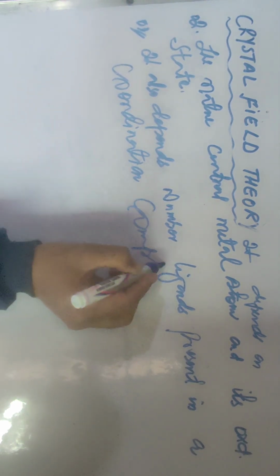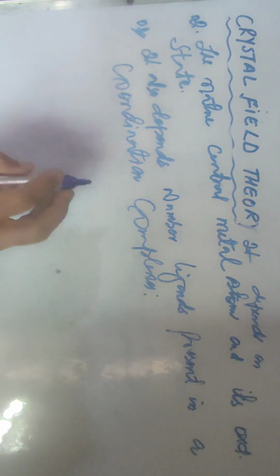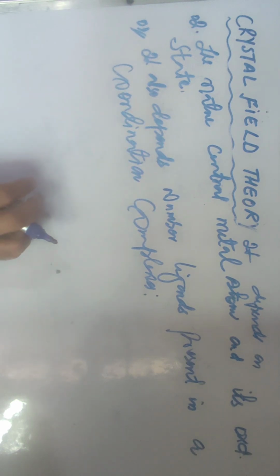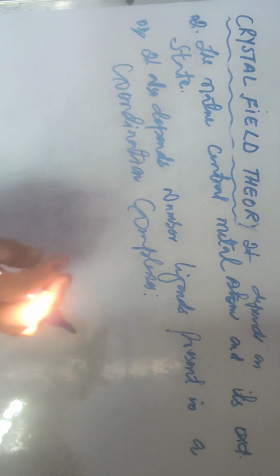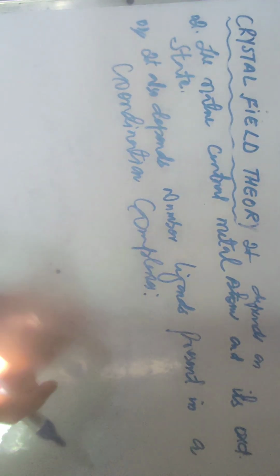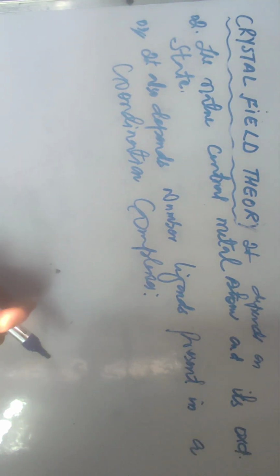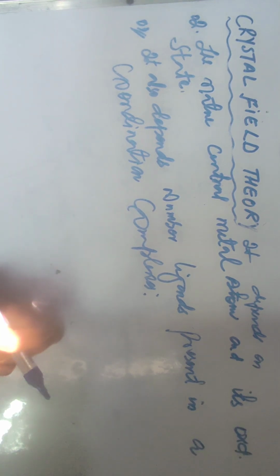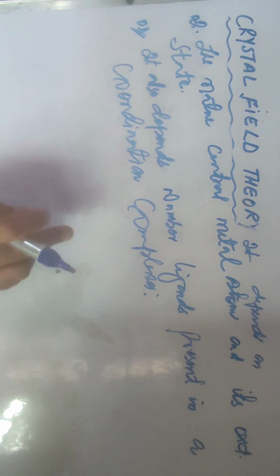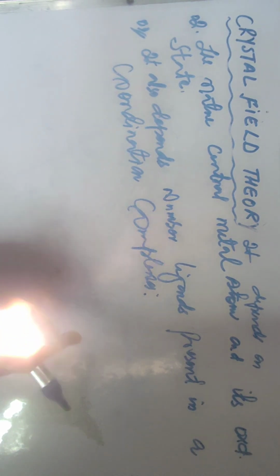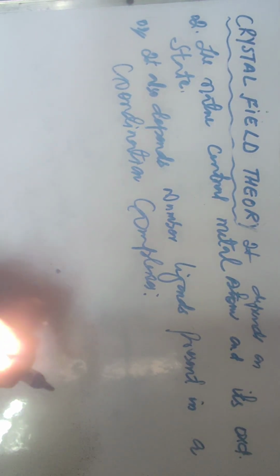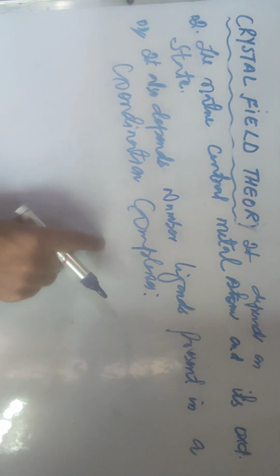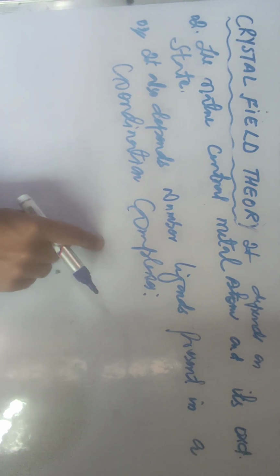That means the complex having more ligands will be more strongly split, or in other words the d orbital will be split more strongly than one having fewer ligands. Based on these factors, we will now see the effect of these factors on the distribution of electrons in both octahedral as well as tetrahedral complexes.